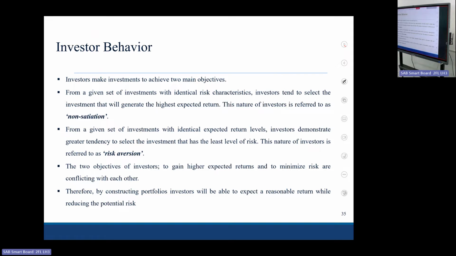Therefore, in investment portfolio and financial management, to achieve both objectives in a reasonable manner, we construct a portfolio to maximize return at a minimum level of risk. That is our expectation.